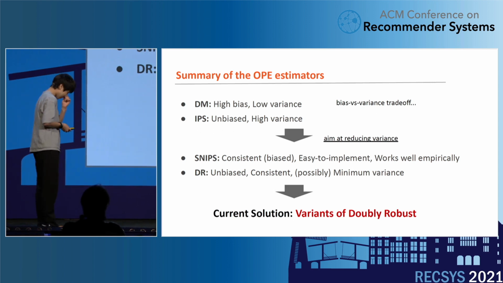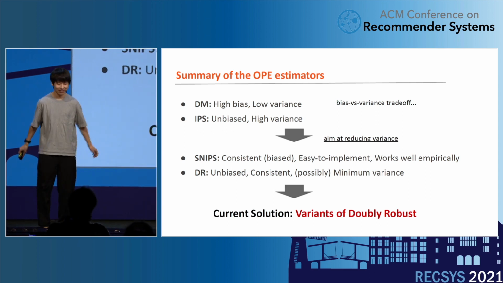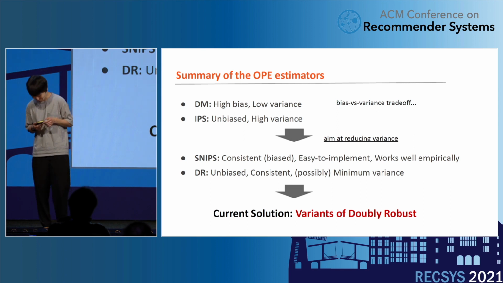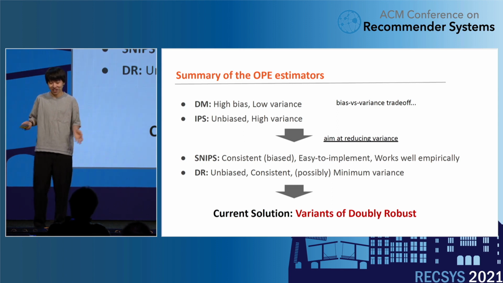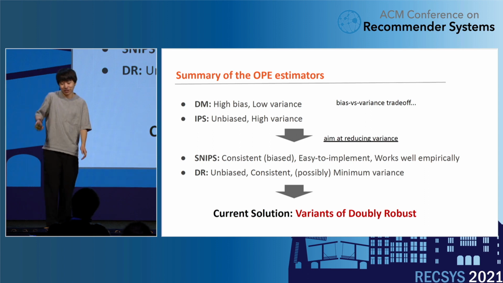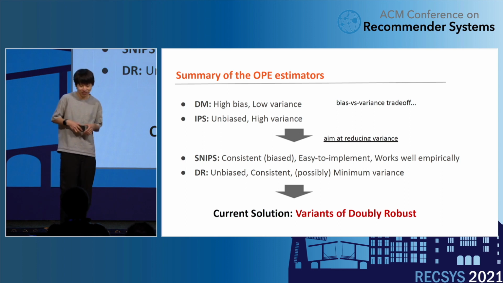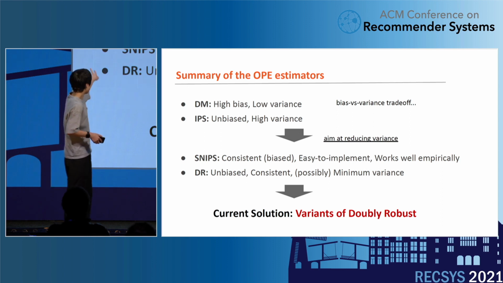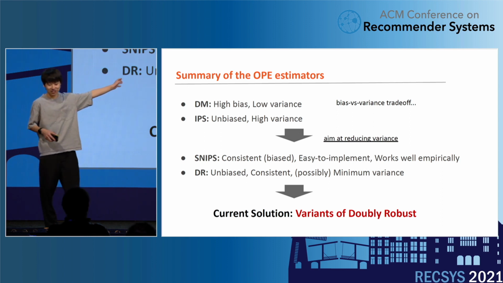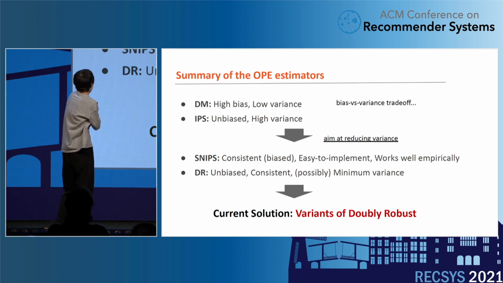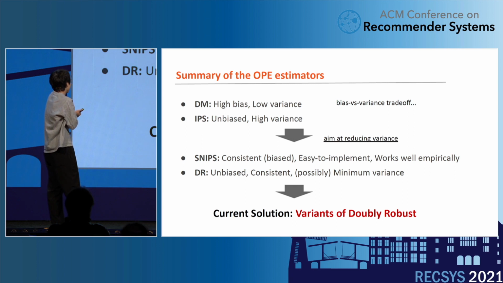So what can we do here? The current solution taken by recent researchers in off-policy evaluation is to consider a modification to the doubly robust. I think it's a quite natural direction. We have two extreme estimators at the first place. Then we think of a modified version of IPS, or variants of IPS, producing SnipIPS, for example.